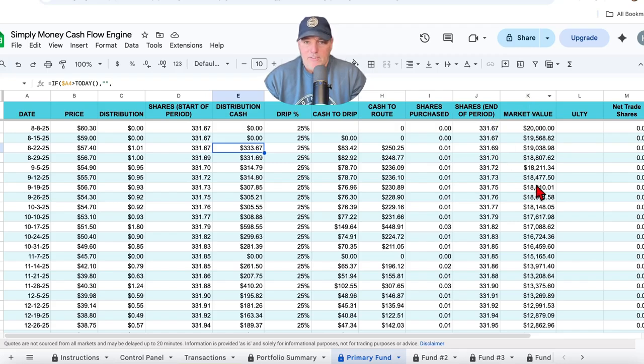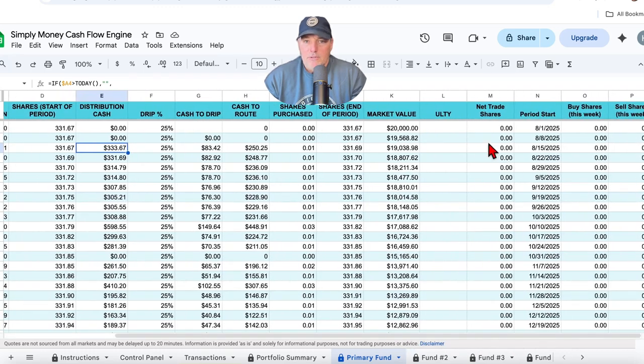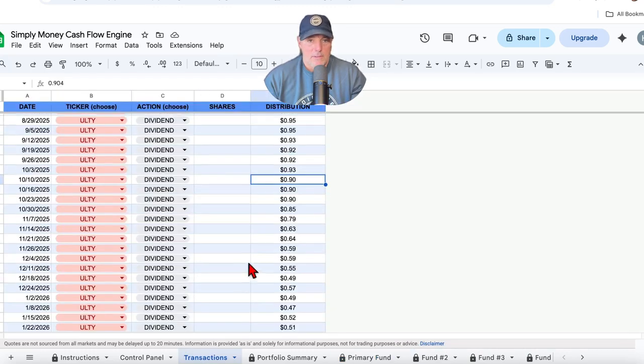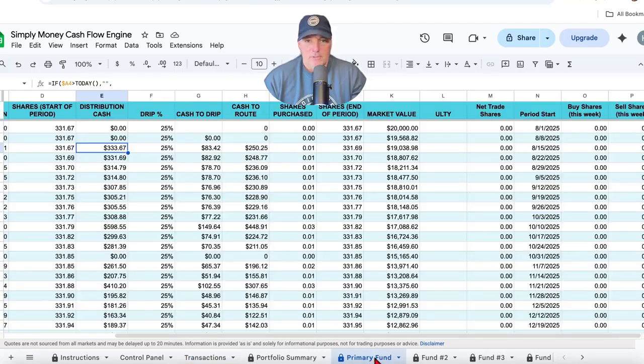And column K is keeping track of your market value. And then over here, it's your net trade. So like I did here, I'll show you again. On SCHG, I bought 100 shares. That would show up here as a buy in this column. And if you sold, it would show up in this column, P. And your net shares is, if you bought some and sold some, it would be your net shares.